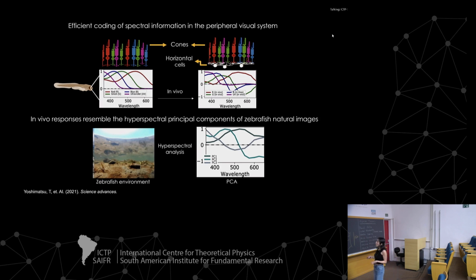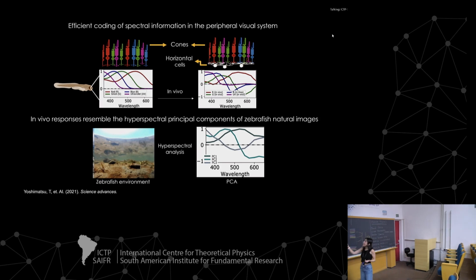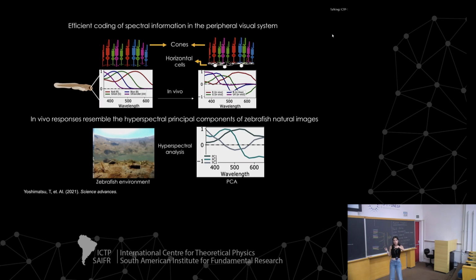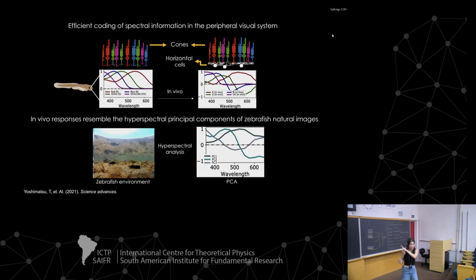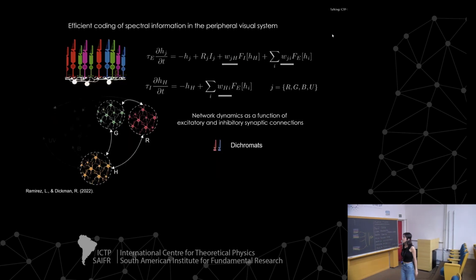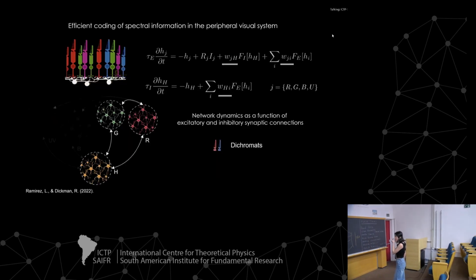So one of the questions that we had was whether the functional responses of these neurons and networks in the zebrafish were actually highly tuned by this type of information in the environment. So what we did was to propose a dynamical model. We have homogeneous populations. For instance, this is a case of a dichromatic population. We only have red and green cones.